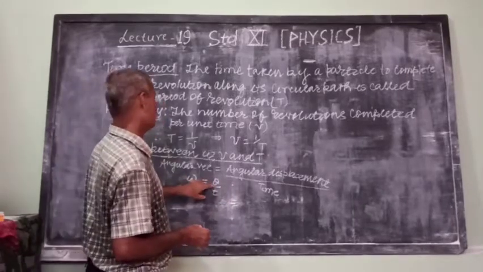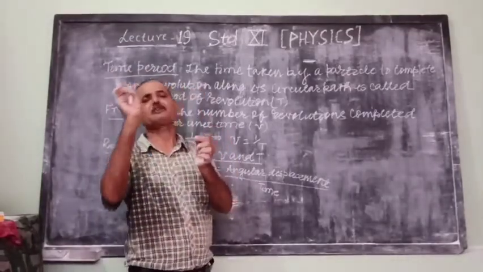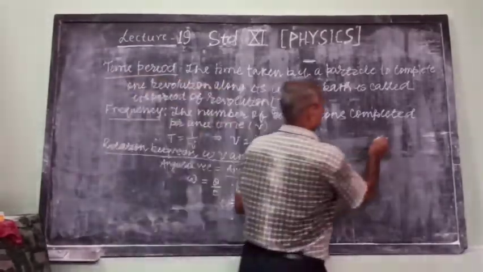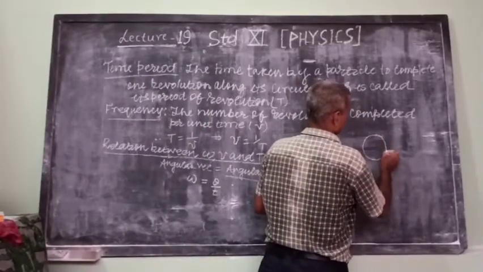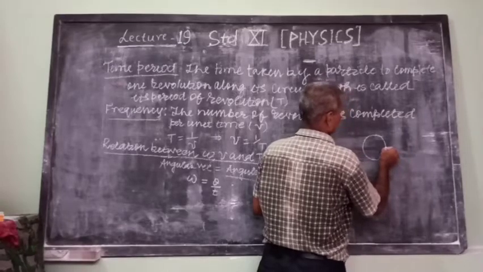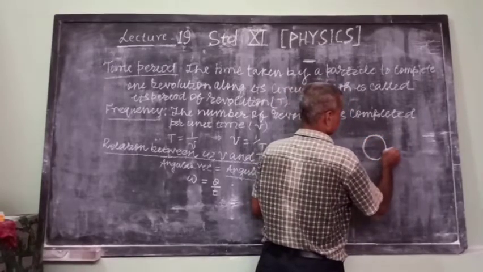You should know that to complete one revolution in the case of the circular path, suppose starting from this point, again the particle reaches this point.